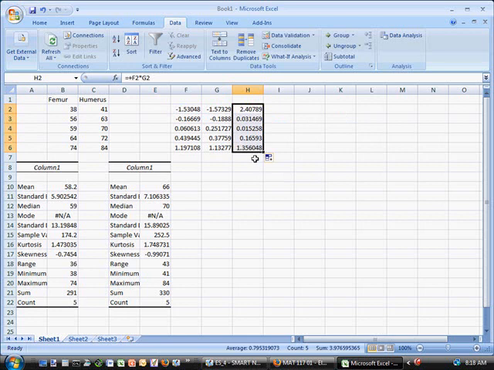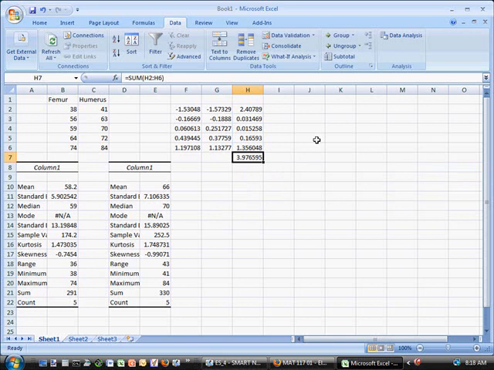Okay, now, next thing is the big Greek letter sigma. Add them all up. So this is sum of H2 to H6. Okay, we got the total. And now what's the last thing we do?